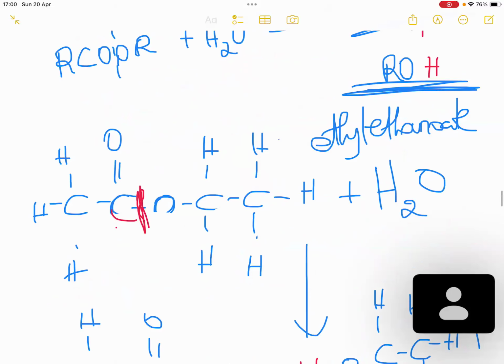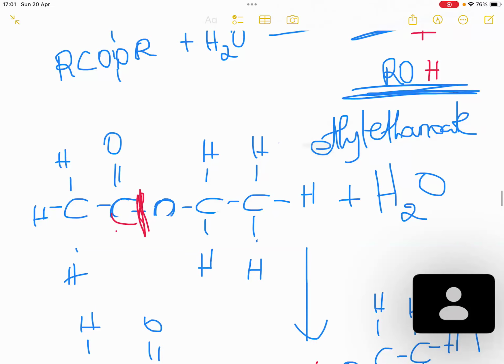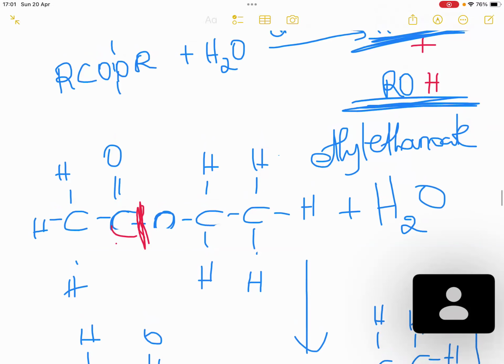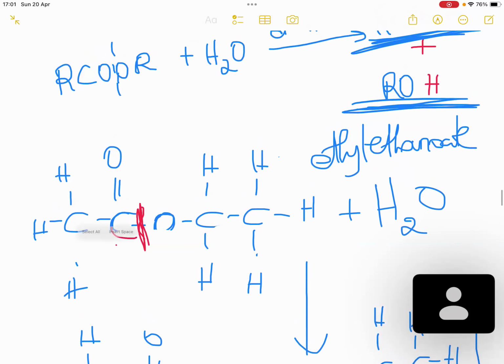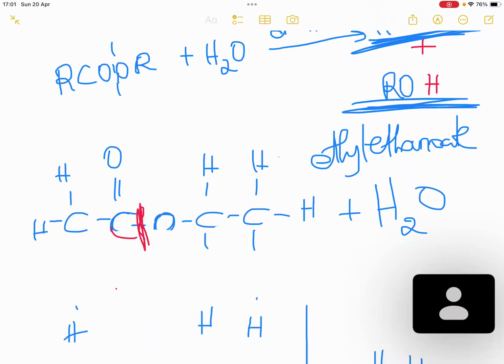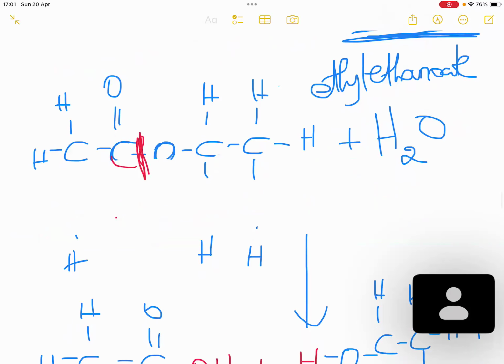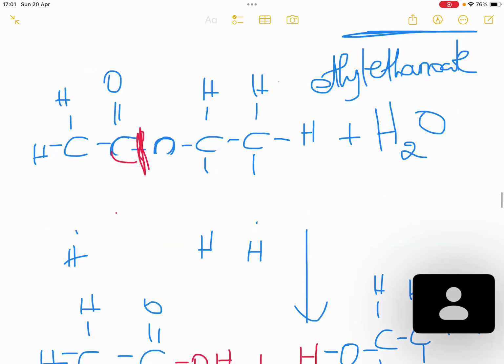So here is an ester. We have 1, 2 carbons in there from the alcohol. So this is ethyl. The acid has 1, 2 carbons, so it's ethyl ethanoate. Again, when an ester breaks, we're breaking the bond between the carbon and the single bond oxygen. So here we are breaking this bond. The portion that was the acid, the part with the carbon double bond O, we're adding back OH.